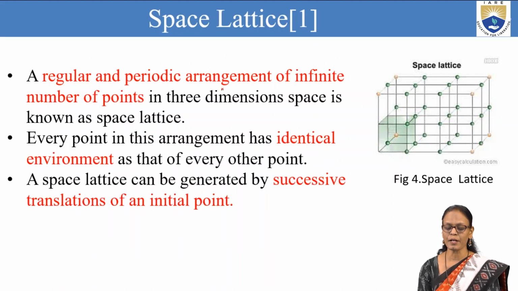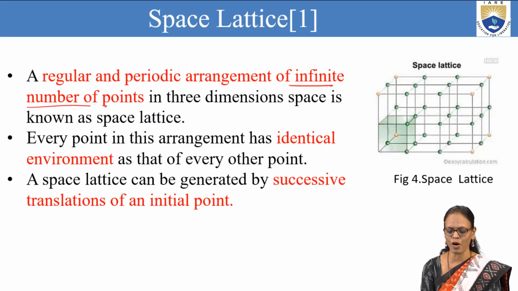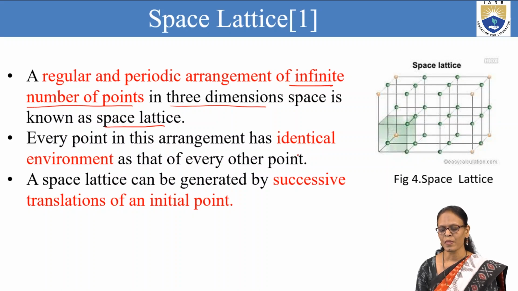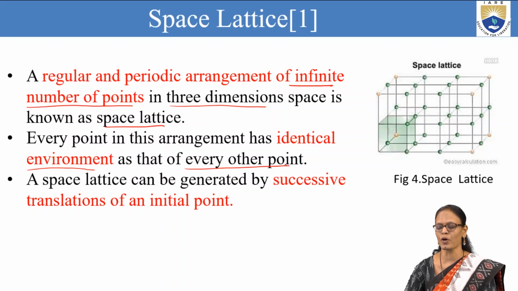So a regular and periodic arrangement of an infinite number of points in 3 dimensions we call a space lattice, and every point has an identical environment as that of every other point. Whatever point you take here, it will have an identical environment.